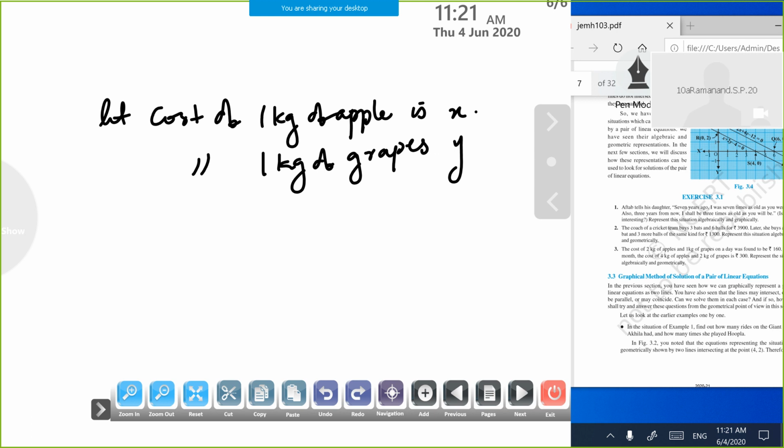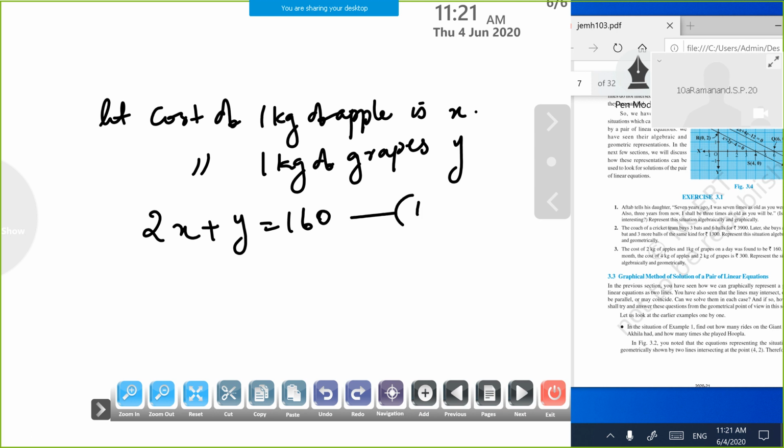First one, the cost of 2 kg of apples and 1 kg of grapes on the day was found to be rupees 160. That means, according to our question, first situation, 2x plus y is equal to 160.